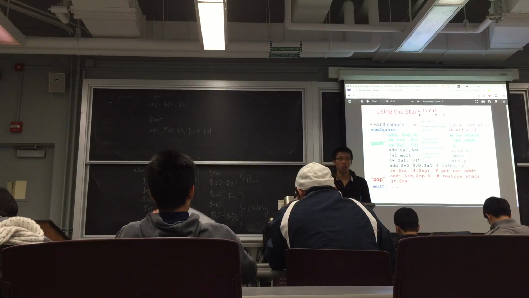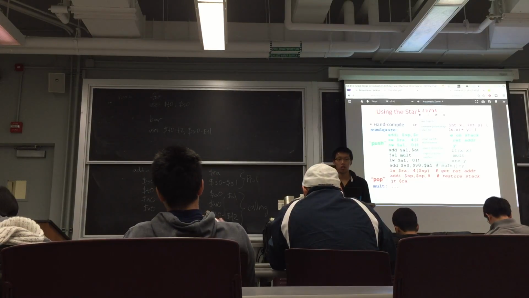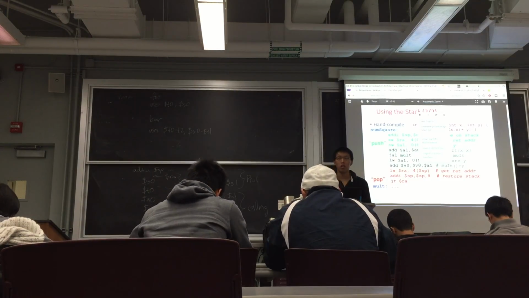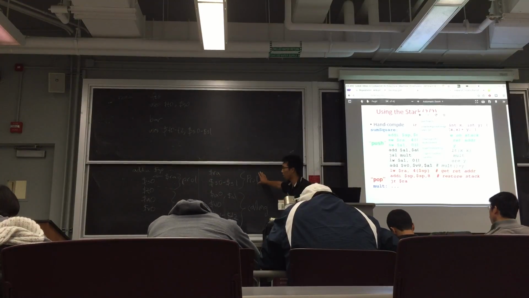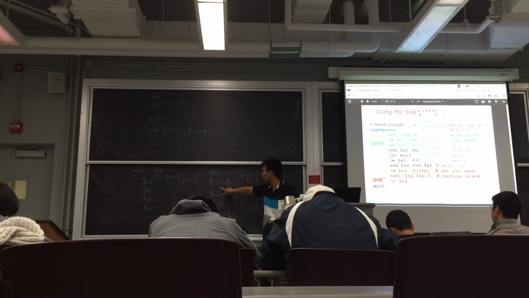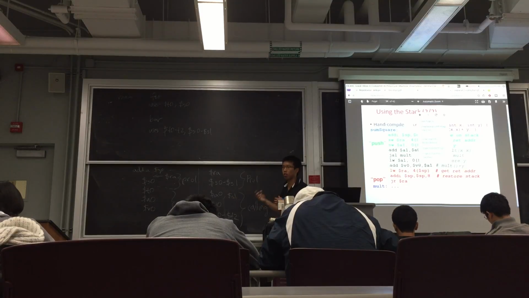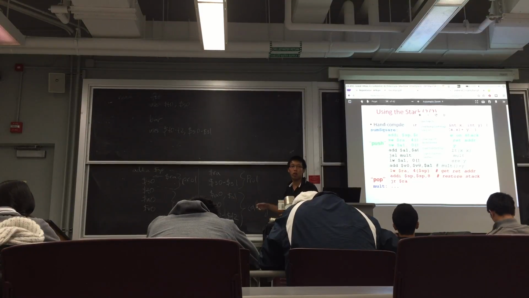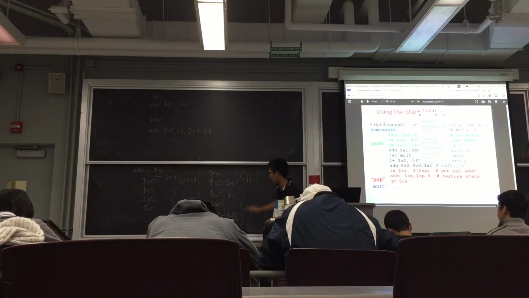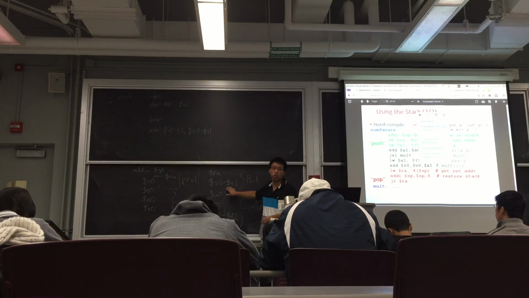So is bar saving S0 and S1 before it uses them? Yes. The prologue happens before anything else because these need to be preserved. If bar is using these, the previous values of S0 and S1 have to be restored to the original value after the function is done. So the epilogue will bring this out of the stack.